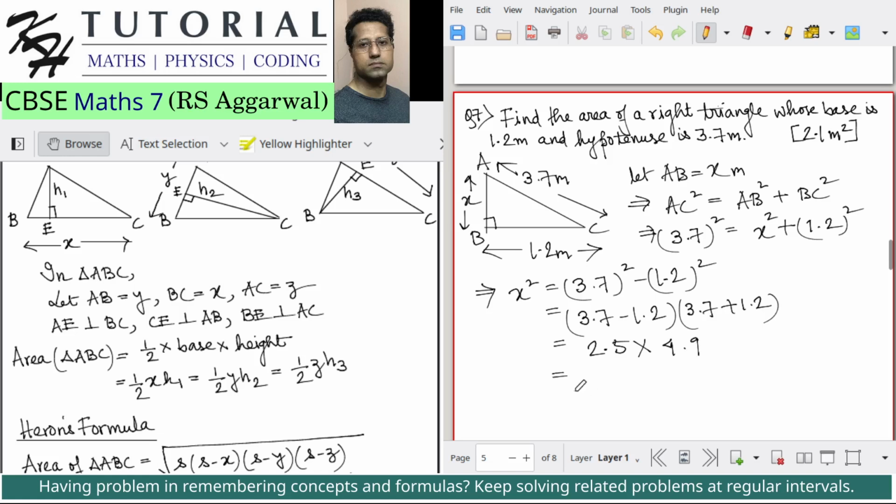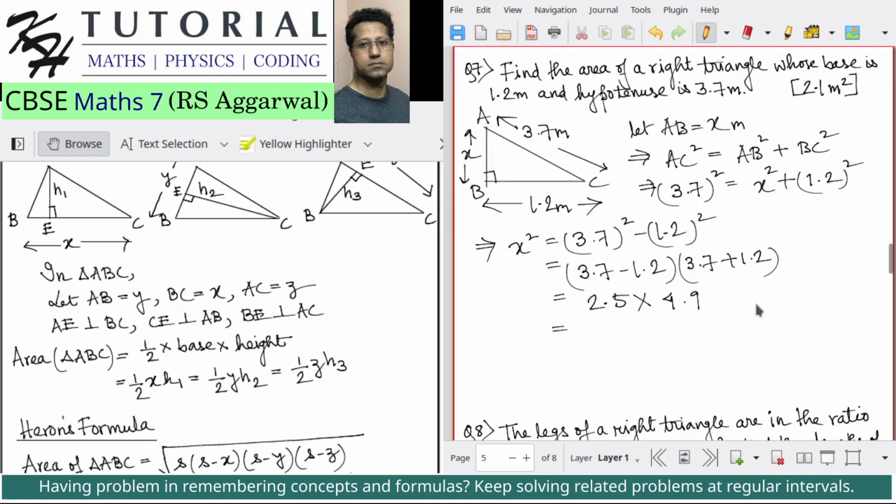Now as you can see, 25 is a perfect square and also 49 is a perfect square, but we have a decimal, so we can say 2.5 is 25 by 10 and 4.9 is 49 by 10. So this is equal to 25 multiplied by 49 divided by 100.